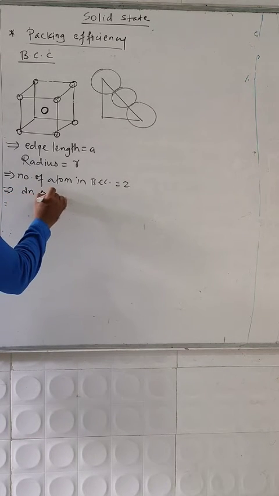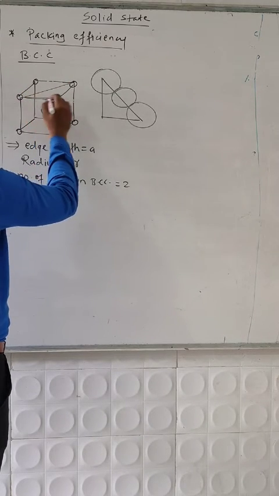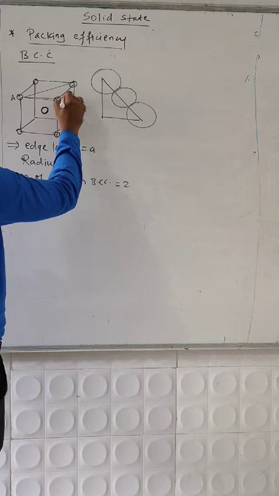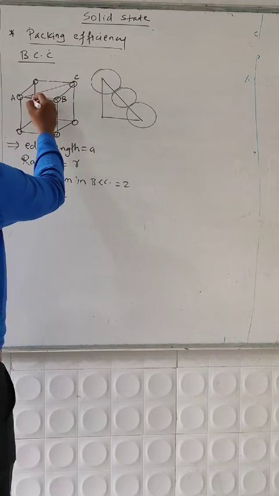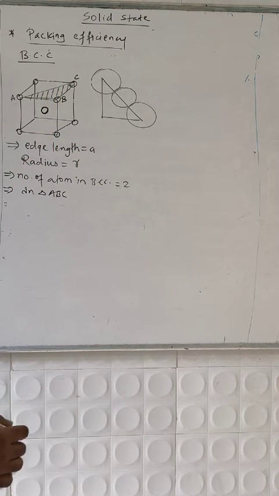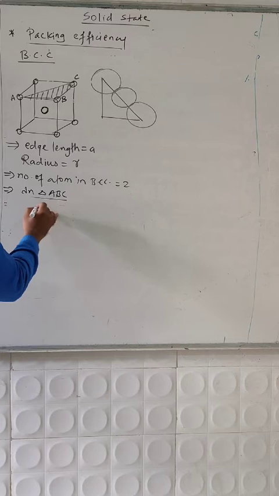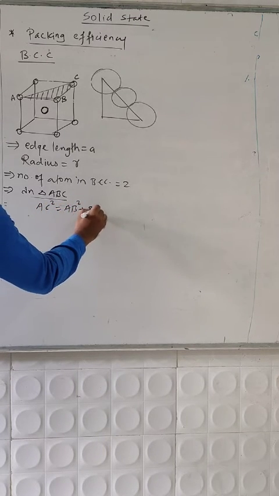Now in triangle ABC, suppose I have taken this as A, this as B, this as C. In this triangle, by using Pythagoras theorem, AC square is equal to AB square plus BC square.